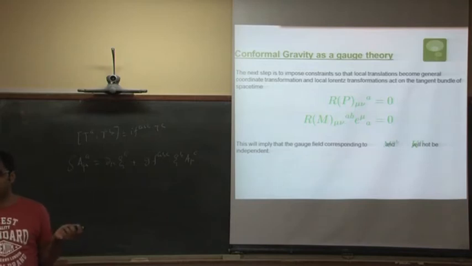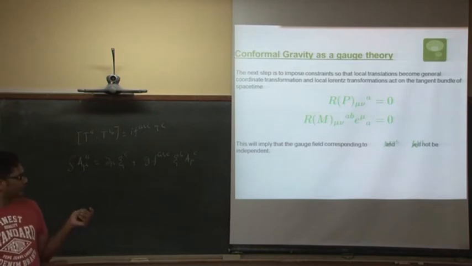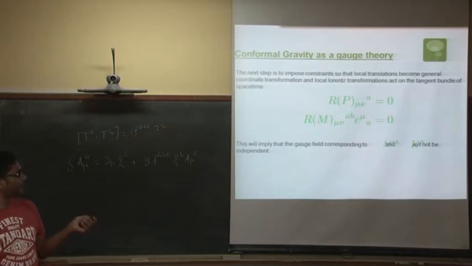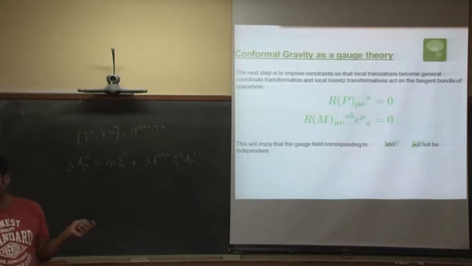So the first constraint gives me the spin connection in terms of the vielbein. And the second constraint, where's K appearing? I thought E was the vielbein and R(M) was... Yes, R(M) is the field strength, the curvature associated with the Lorentz transformation. And that will contain the f_mu^a, the gauge field corresponding to special conformal transformation. Why?